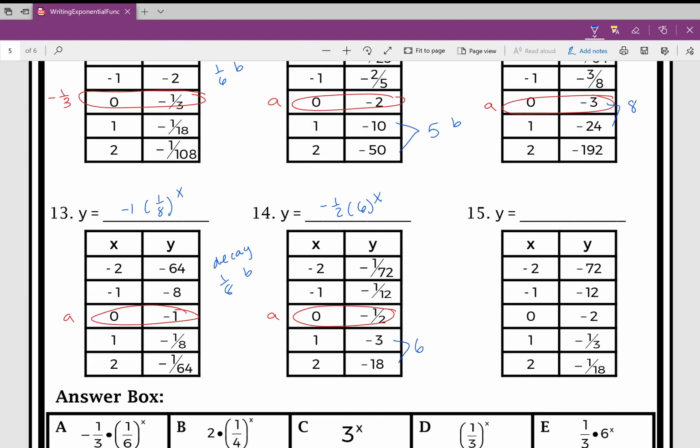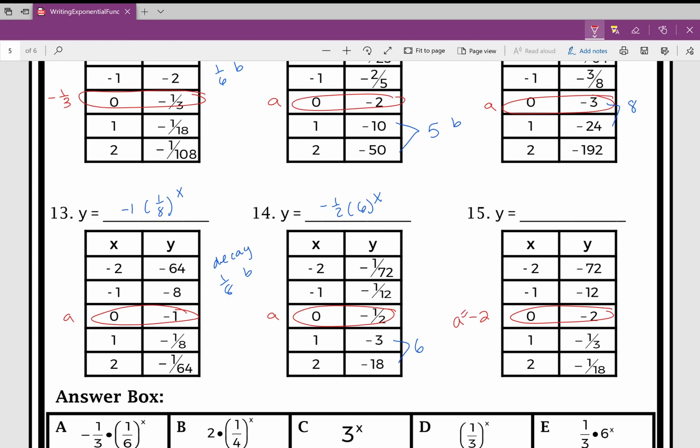Okay, last one, go ahead and work on number 15. Okay, for number 15, you should have got that the y-intercept is -2. And then, sorry, this is your a value.